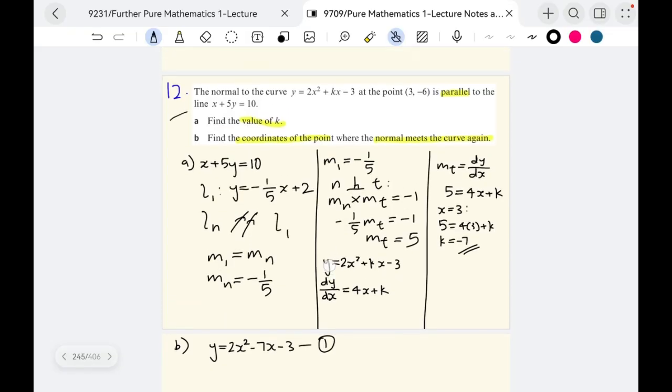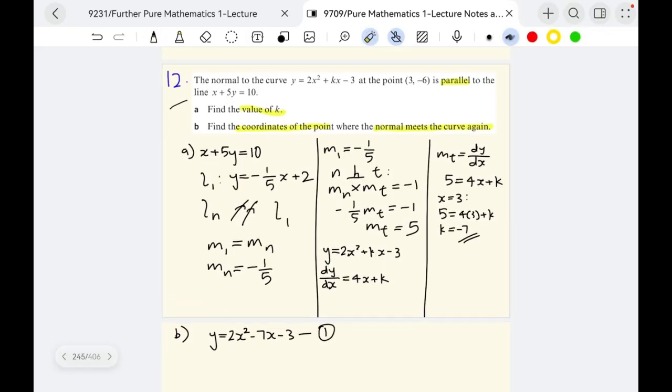And don't misunderstand that the normal equation is this line, because this question only tells that the normal is parallel to this line, which means the gradient is the same, but you have to use this point to form its unique equation.